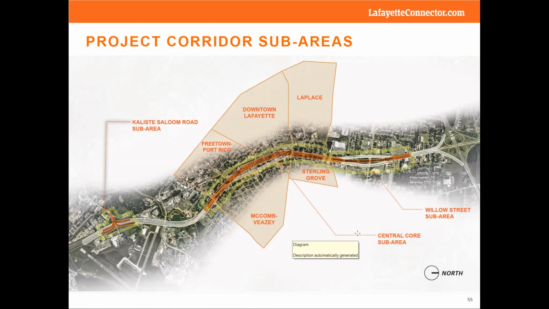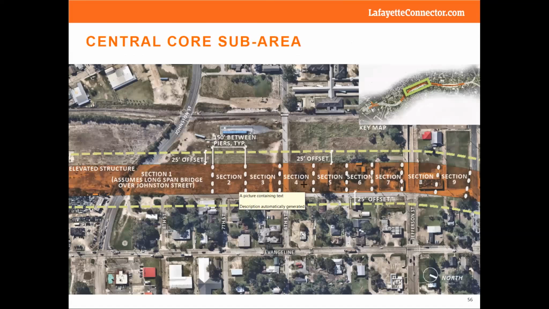As you think about that stretch that really faces downtown Lafayette and a little bit of Freetown, Port Rico, and how that might expand the ability to have programming underneath, especially between that site and the railroad track, I'm very interested in that as an area of active programming, because it has much more potential if it's not just a space underneath a bridge bounded by two busy highways, essentially.